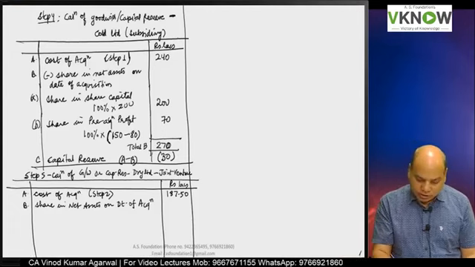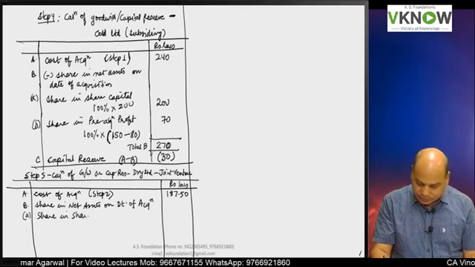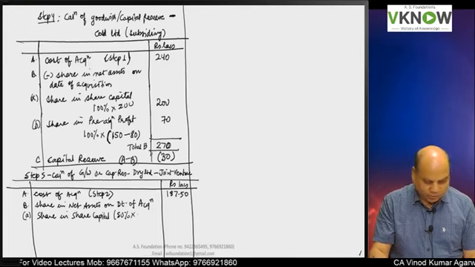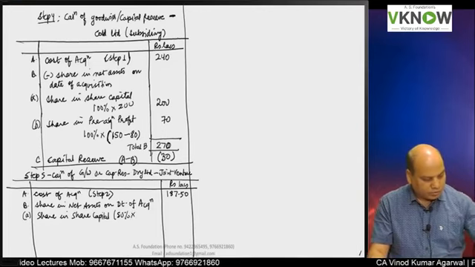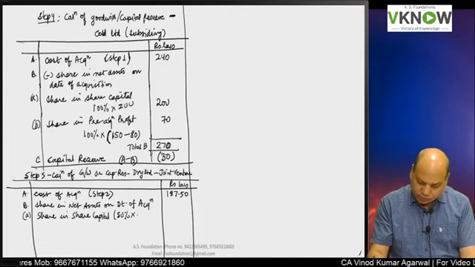So write down share in share capital. We have acquired 50% only. So 50% of share capital of Dry Limited is 250.